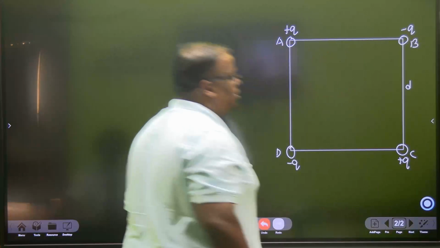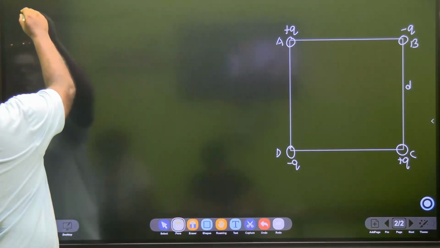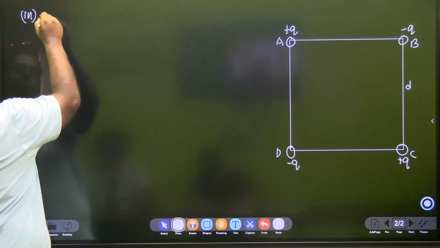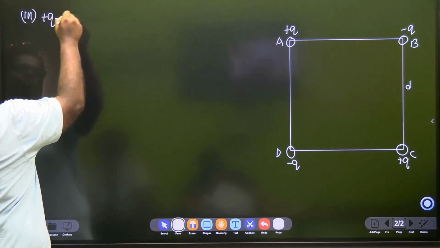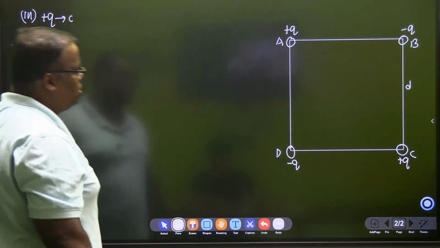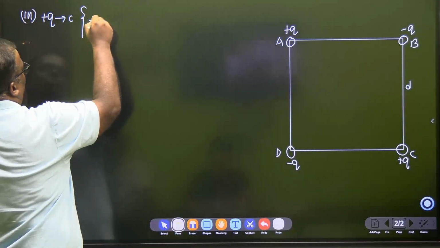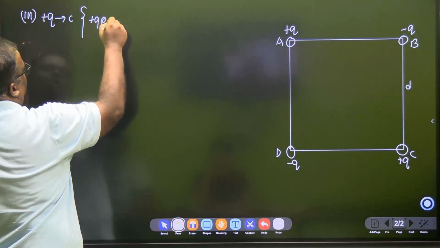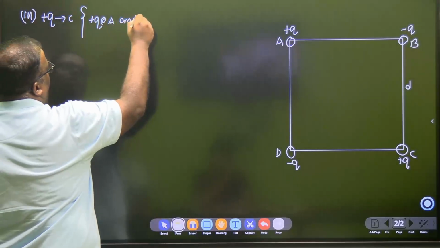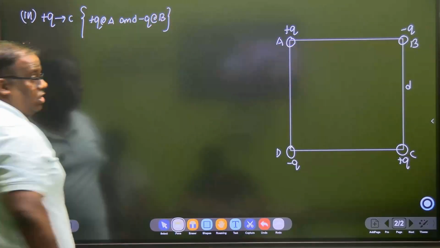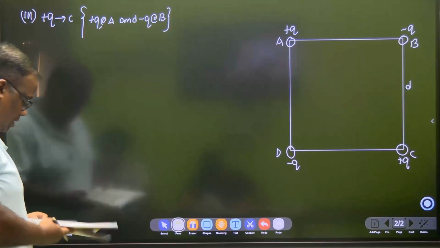Our third charge. In the third, what we are doing, we are bringing plus Q to C. And here we should remember that plus Q is at A and negative Q is at B already. With this consideration, you are trying to bring it in.